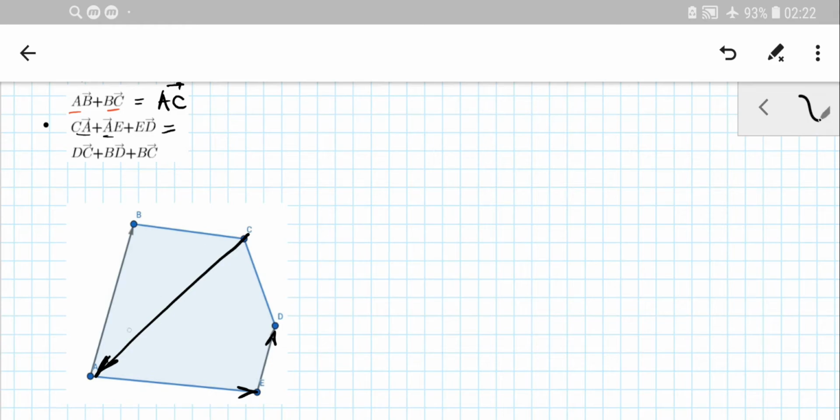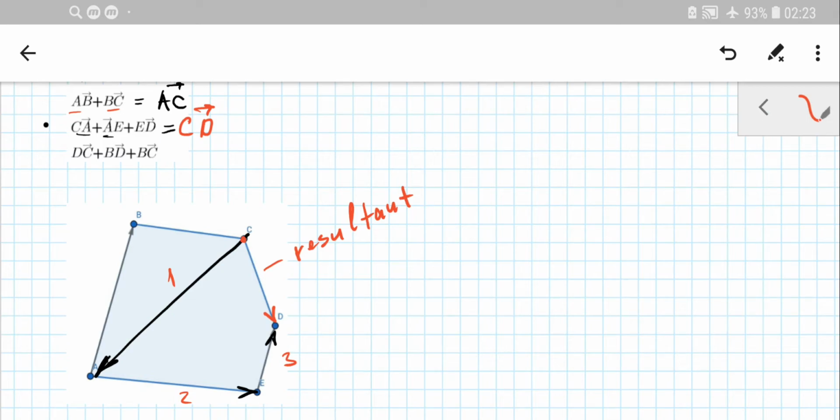We'll use head to tail, the polygon rule. The resultant starts at the very first point of the very first vector, C, and ends up in D, where the third vector, ED, ends. So the result is going to be CD, and this is the direction of that vector.